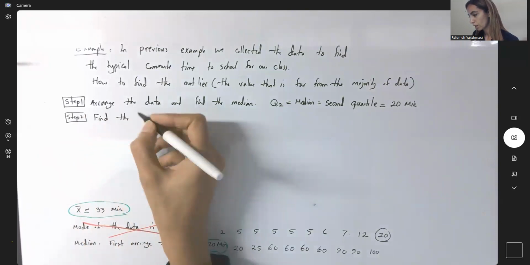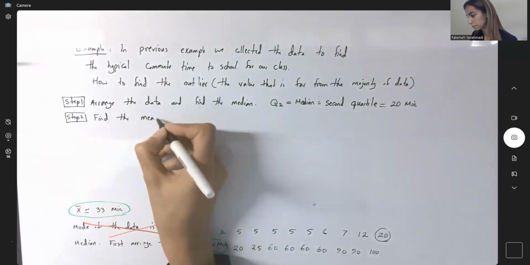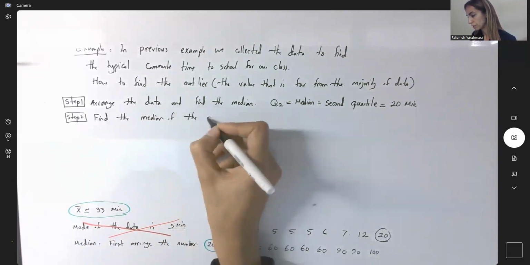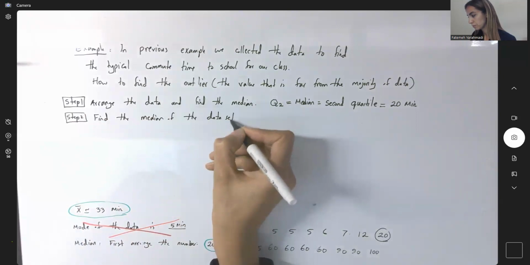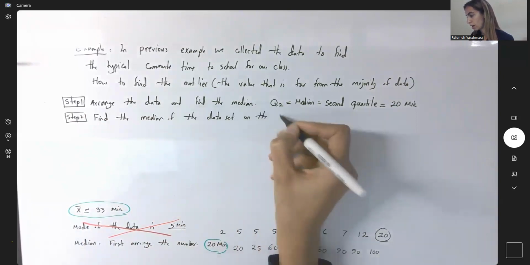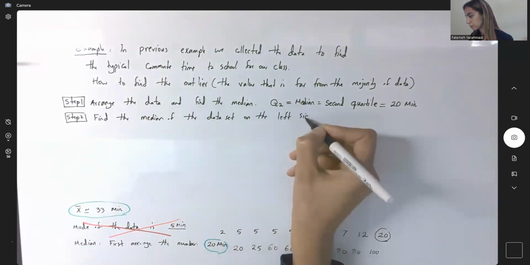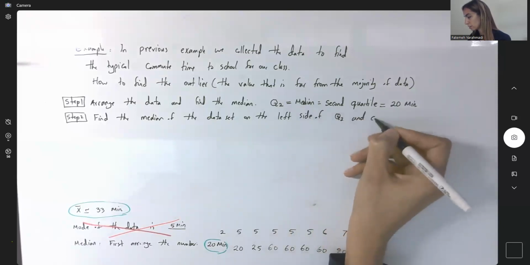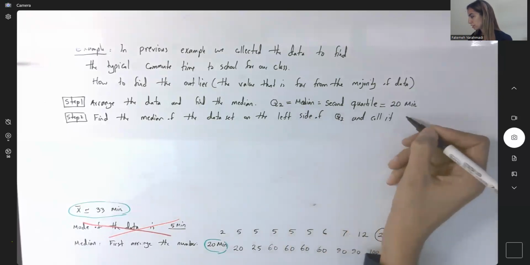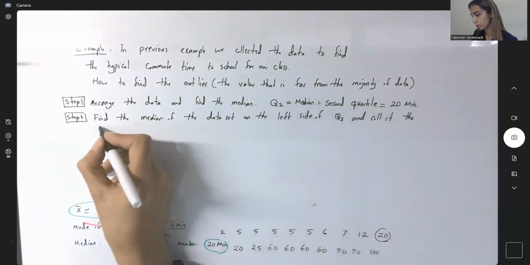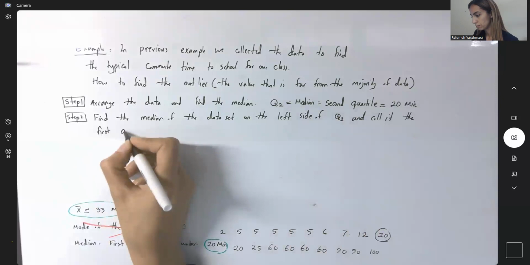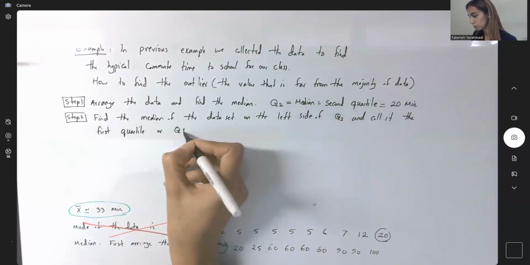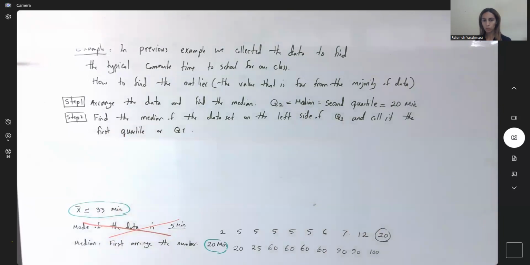Find the median of the data set on the left side of Q2 and call it the first quartile or Q sub 1.